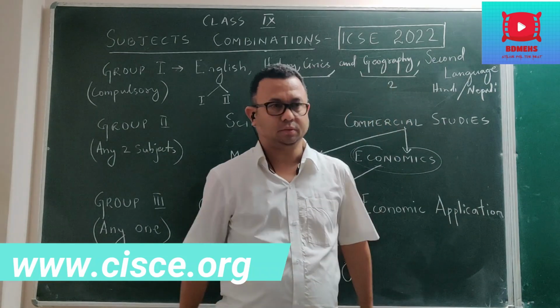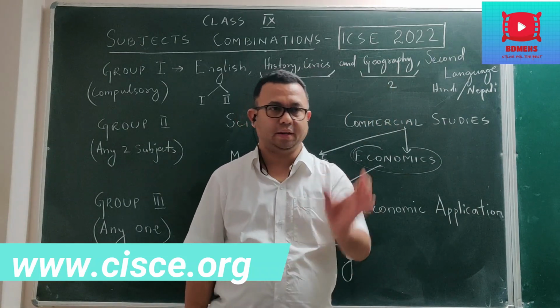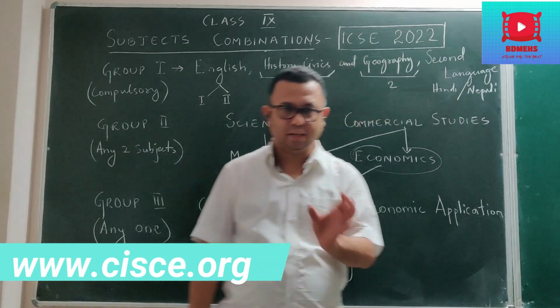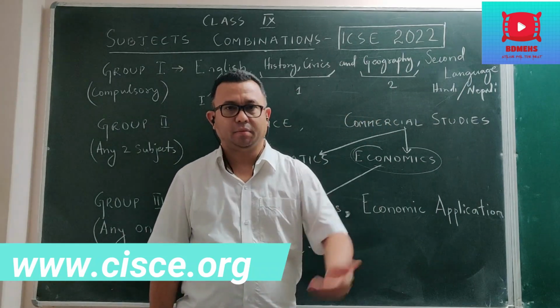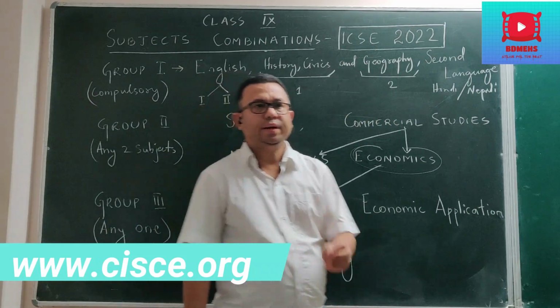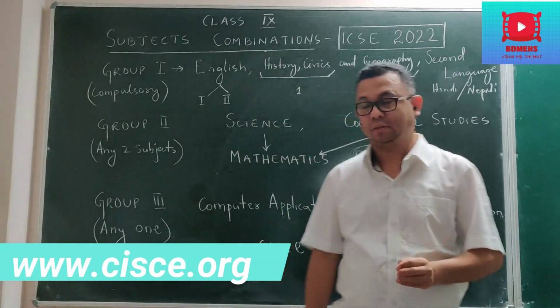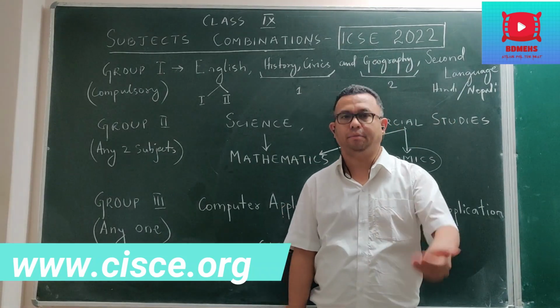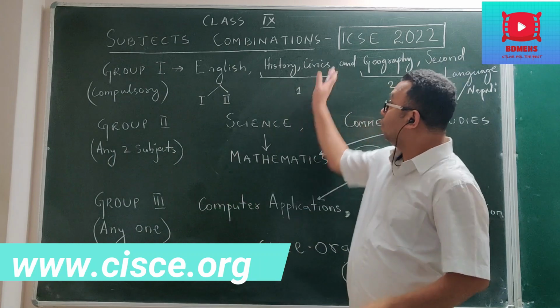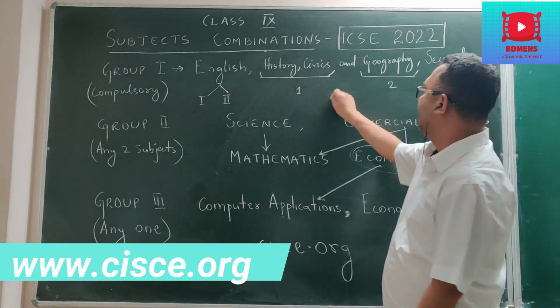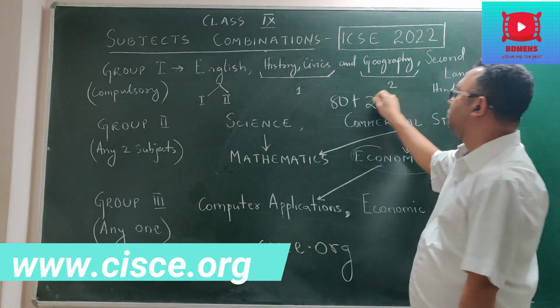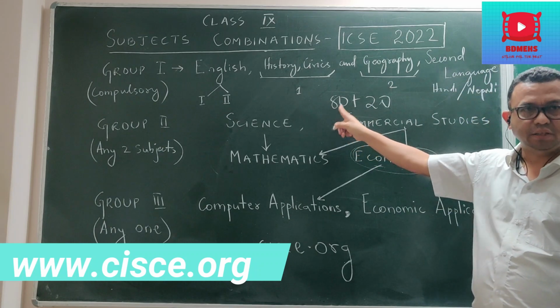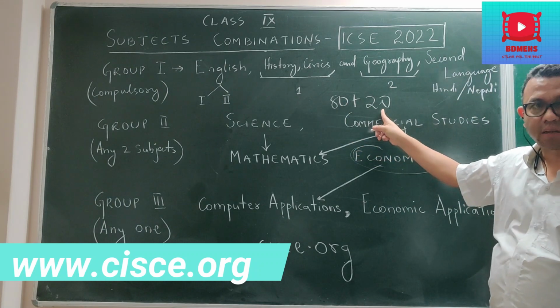Your 100 marks subject is divided into 2 parts, and 80 marks, which will be your external examination that will be conducted by the board, and 20 marks internal assessment, which will be given in the form of assignments. So all of these are divided as 80 and 20. This is external examination. This is internal examination.